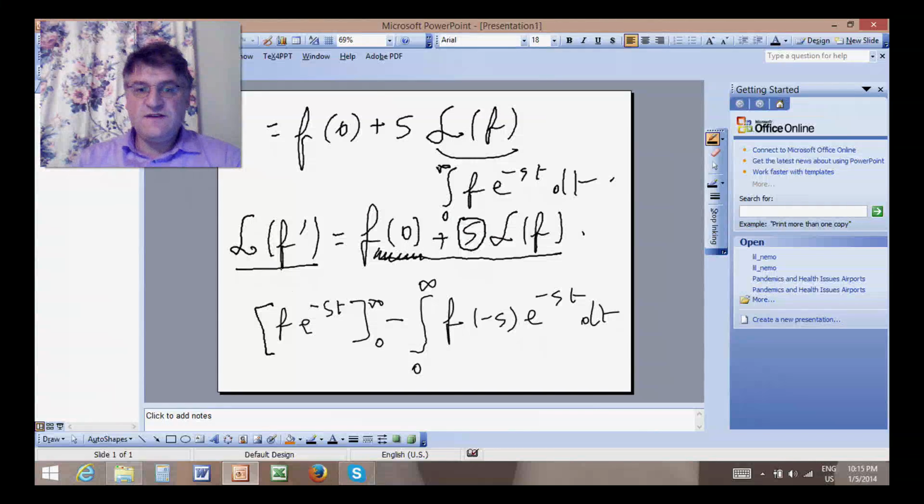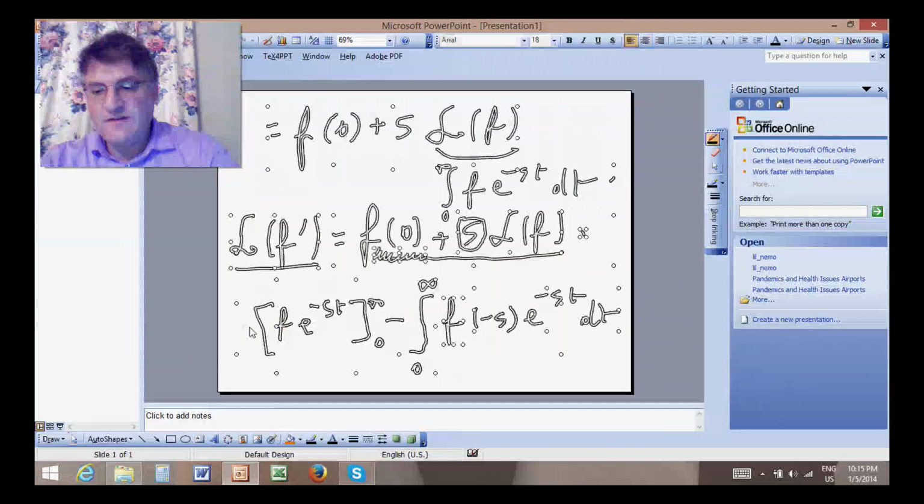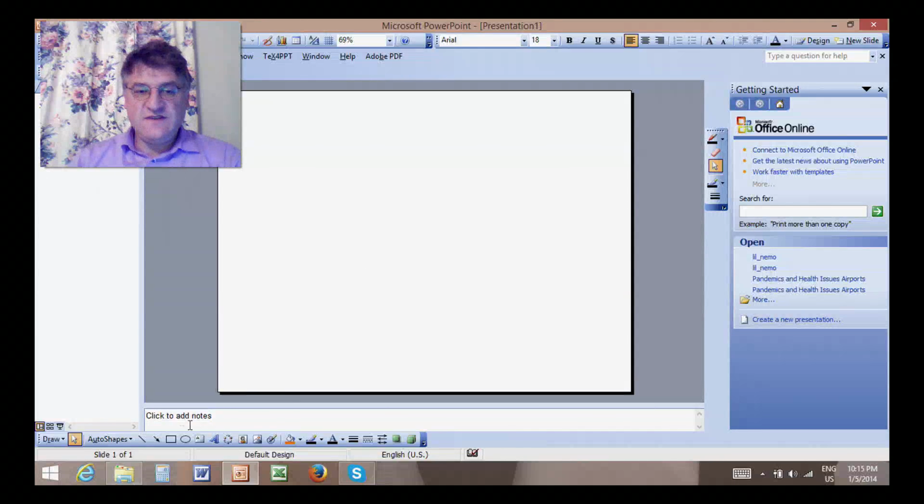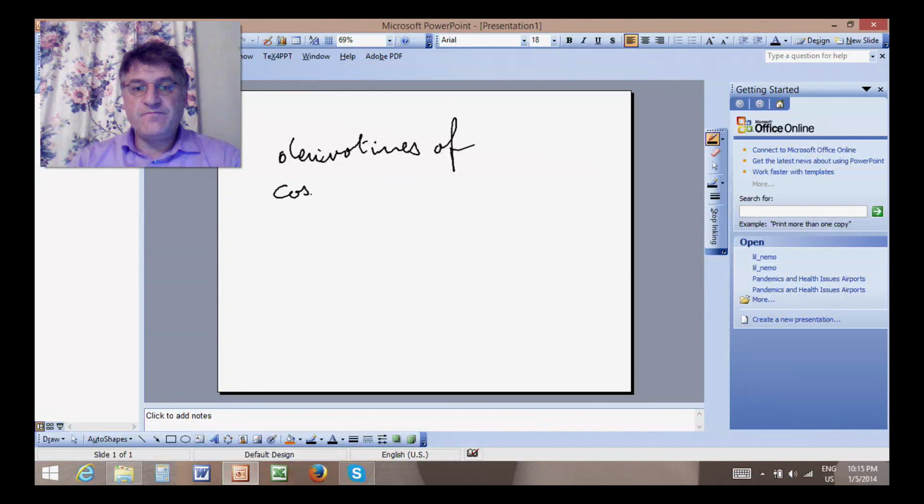But this is much easier than doing this. For example, what does that mean? That means we can compute, for example, the derivative of cosine.